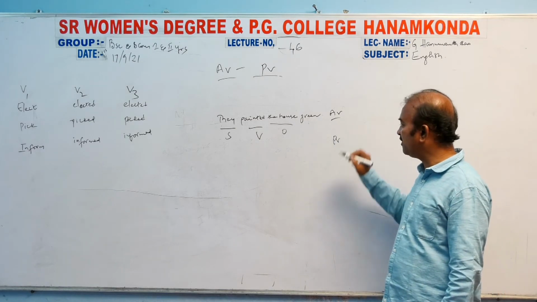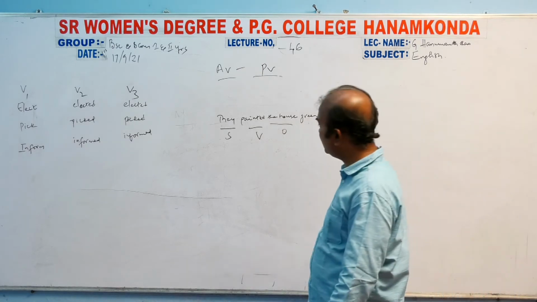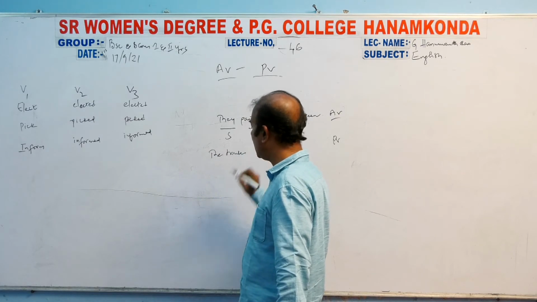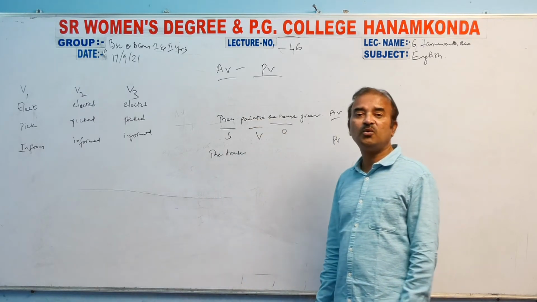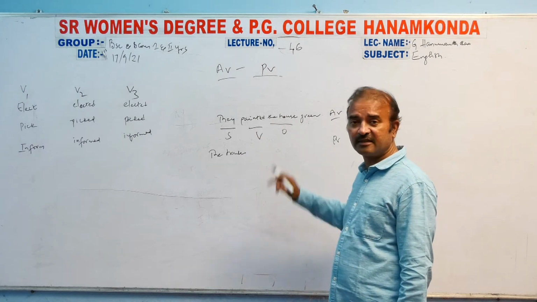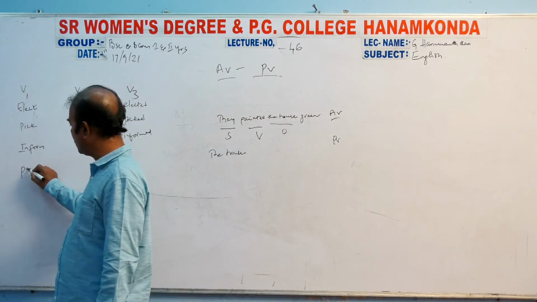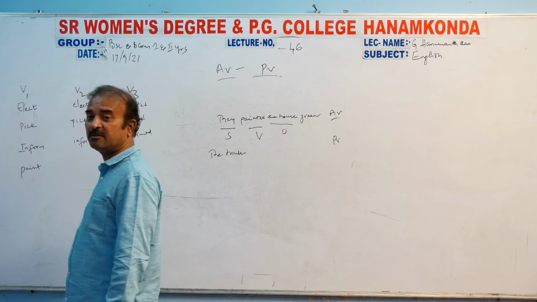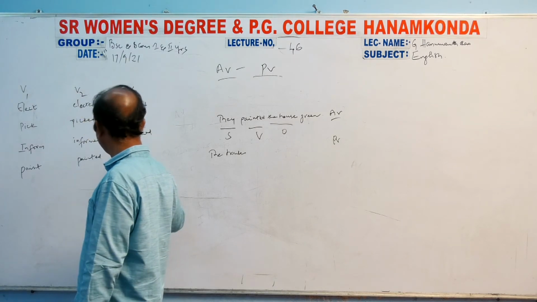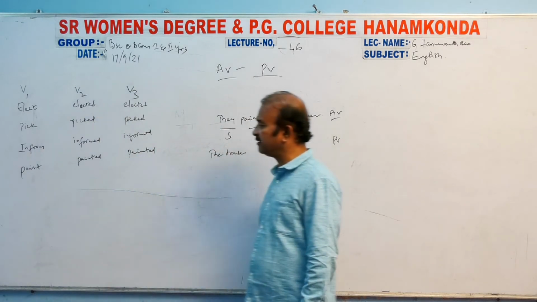Now, since we came to know that this is active voice, then we are going to change it into passive voice. Check this one. The house. Right? Now take a look at this one, girls. Verb. Verb is in which tense? Present tense, paint. Past tense, painted. Past participle, painted.